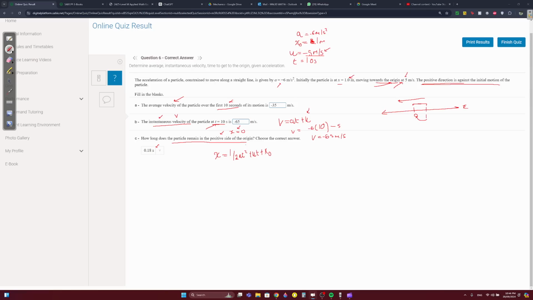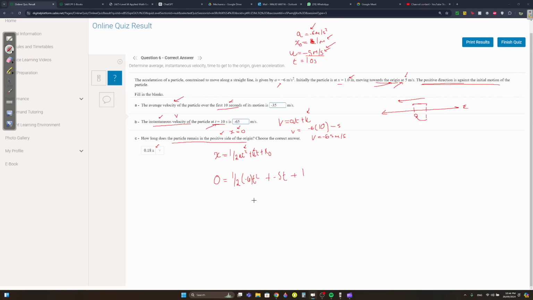I find this way easier because we have the acceleration and the u, which are given, and we also have x naught. So x is 0: half acceleration, which is -6, times the time squared, since we're trying to find the time, plus u, which is -5, times the time, plus x naught, which is 1.